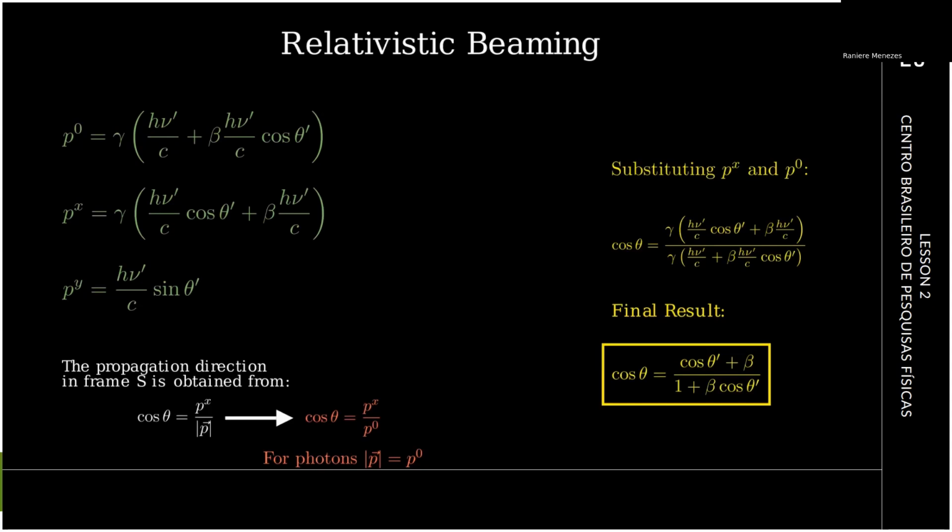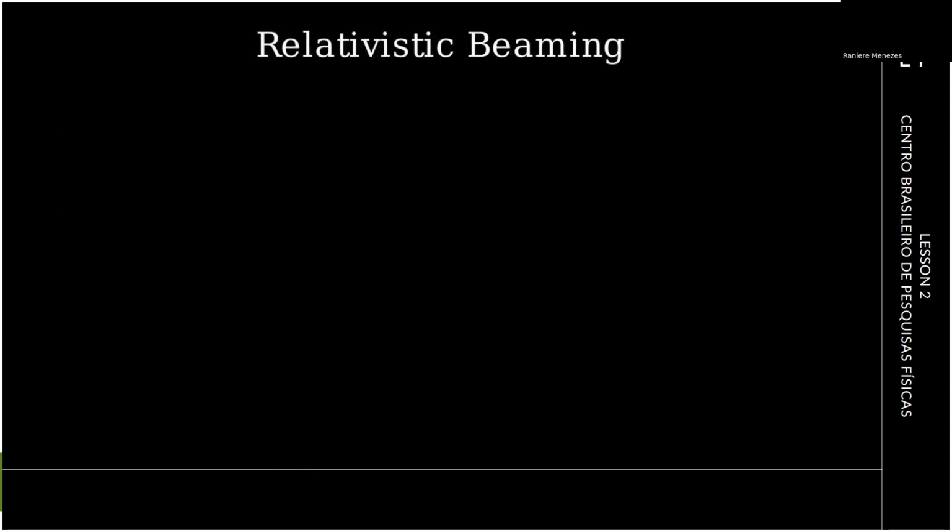It will be cosine of 90, which is 0. So here is just beta, here will be 1 plus beta times 0. So cosine theta will be equal to beta. It will be better in the next slide, because we will do a more precise approximation of beta.